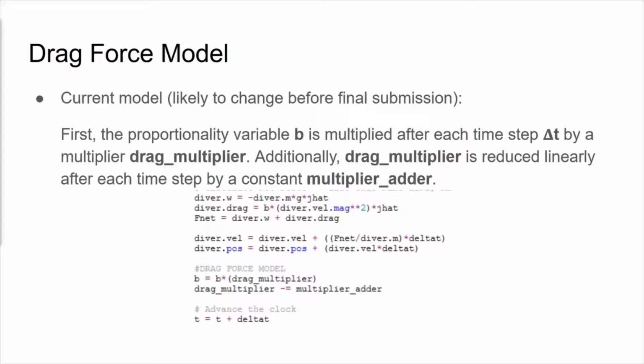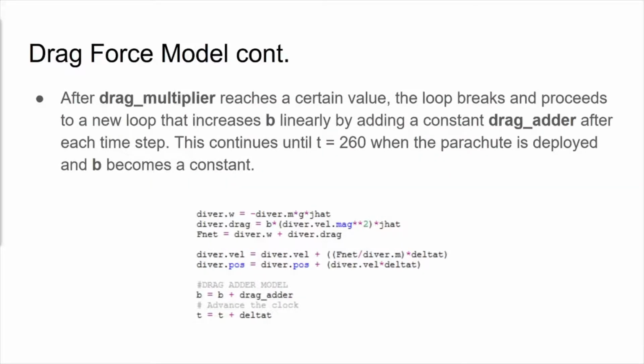The effect that this has on the b value is sort of a logistic curve that increases exponentially and then starts to level off over time. After the b value reaches a certain point, which is near where the derivative of the b curve would become 0, the model changes to a new loop.